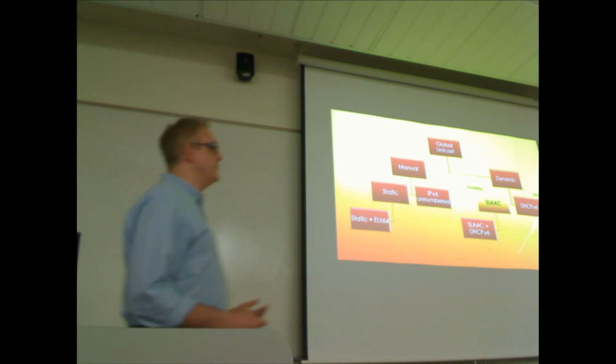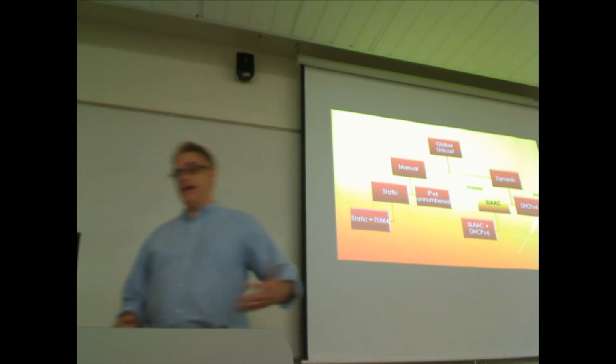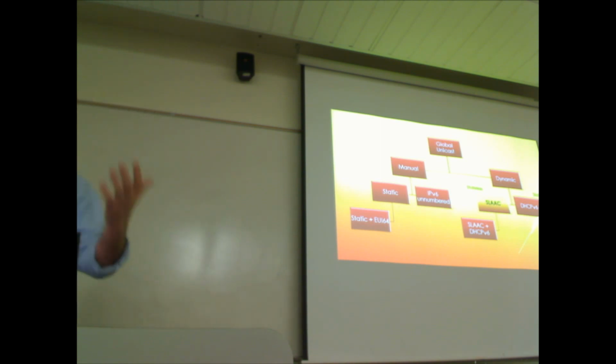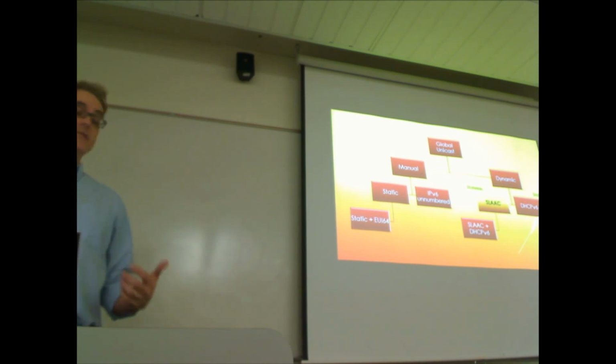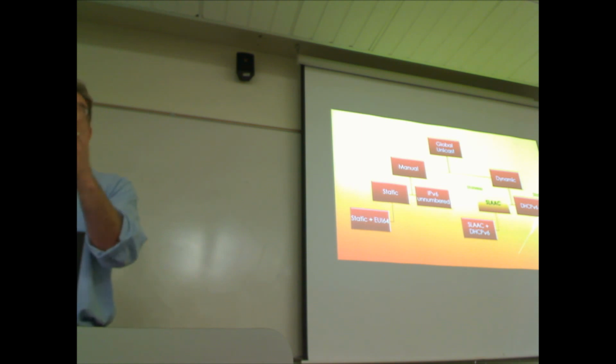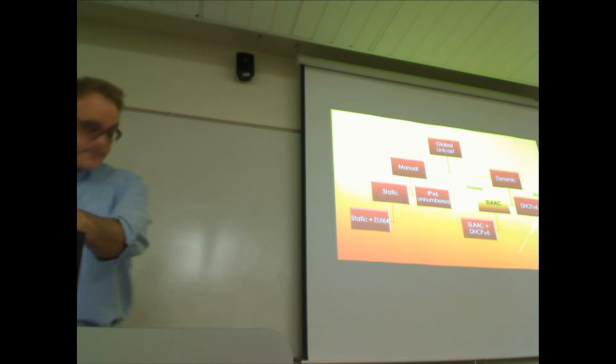And at layer 2, it uses something called a MAC address or a hardware address, which is typically burned into a NIC card. There are some software implementations where you can create a MAC address for a device, but each network interface in the entire world should have a very unique number, which is 48 bits, known as a MAC address.